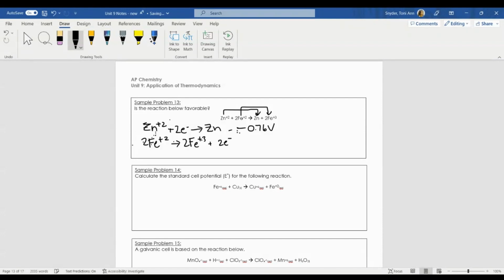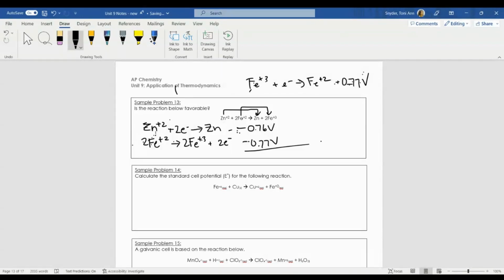Now on your standard reduction potential sheet, what it's listing is Fe plus 3 combining with 1 electron to produce Fe plus 2. That process is positive 0.77 volts. When I flip this, the voltage is going to become negative 0.77 volts.